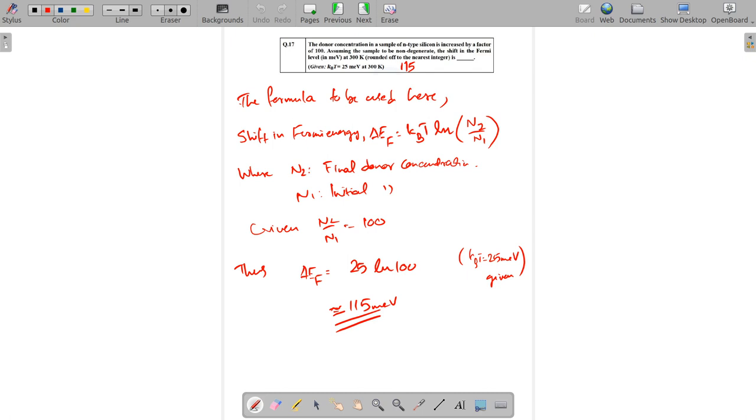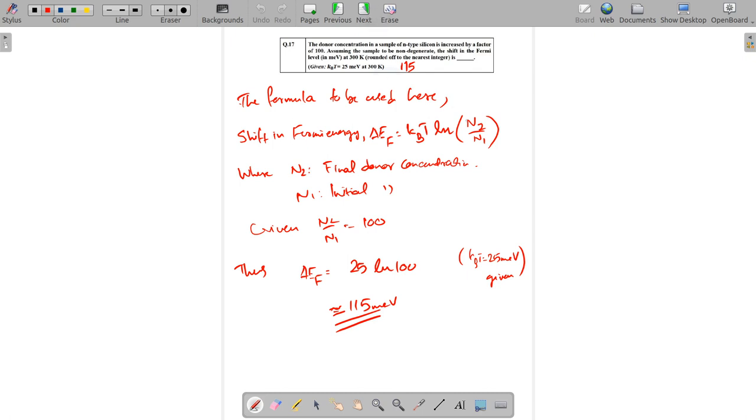Here it is increased by a factor of 100, so N2 by N1 is 100. You can directly put that in, and delta EF will be 25 times log of 100, which is 115 milli electron volt.